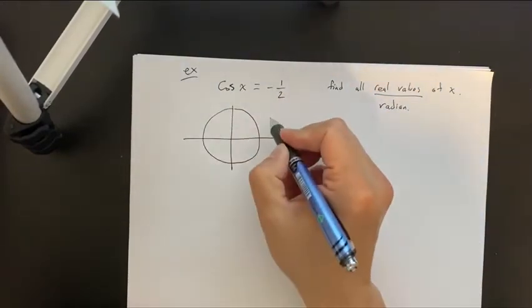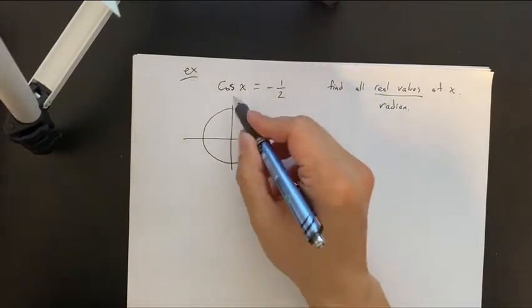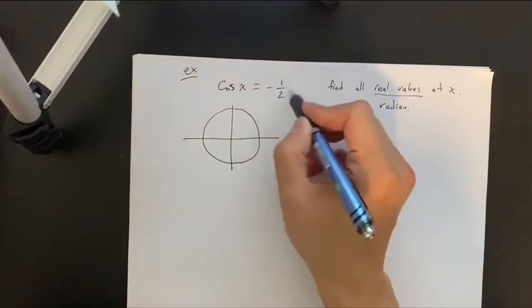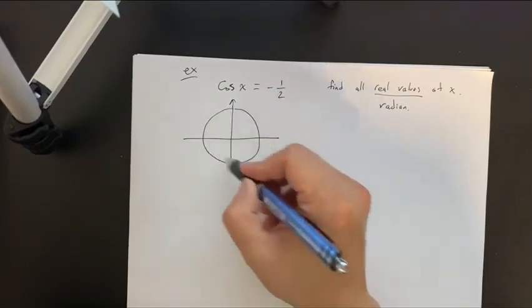So what angle, remember cosine gives me back the x value. So this represents the x value on the unit circle.